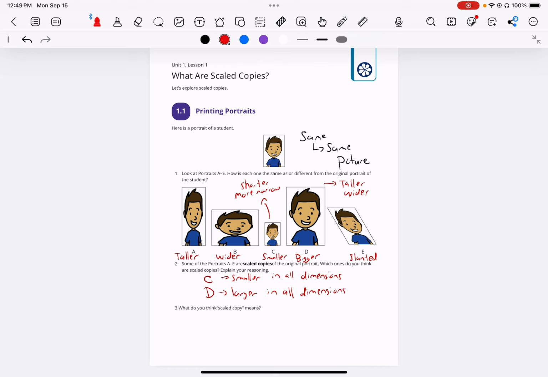So a scaled copy is a copy of an image that changes all dimensions the same way.